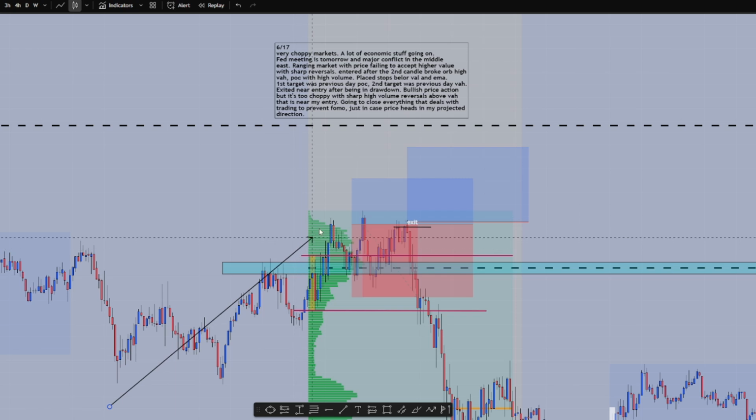And what happened? Price came down, retested, probably POC, probably could have been down here. Retested this zone, retested ORB high, went into slight profits, and then just started becoming ugly. And then once it got real near my entry, I just exited out of the trade.